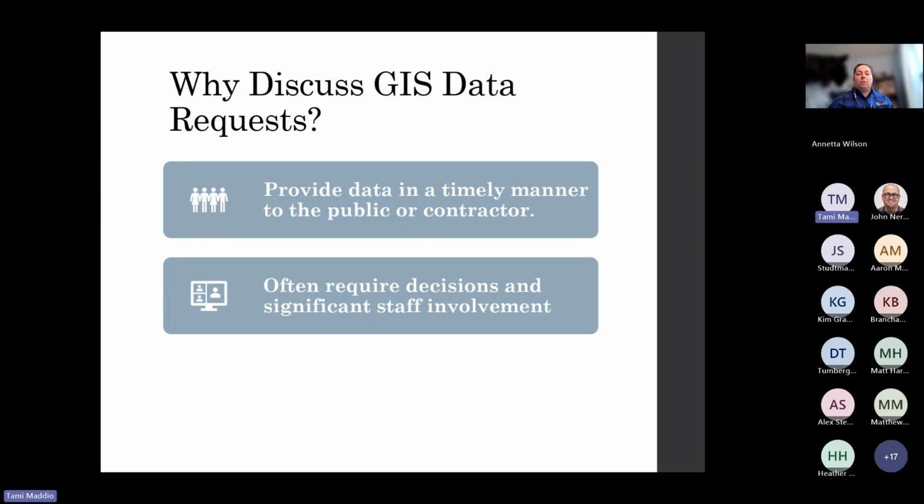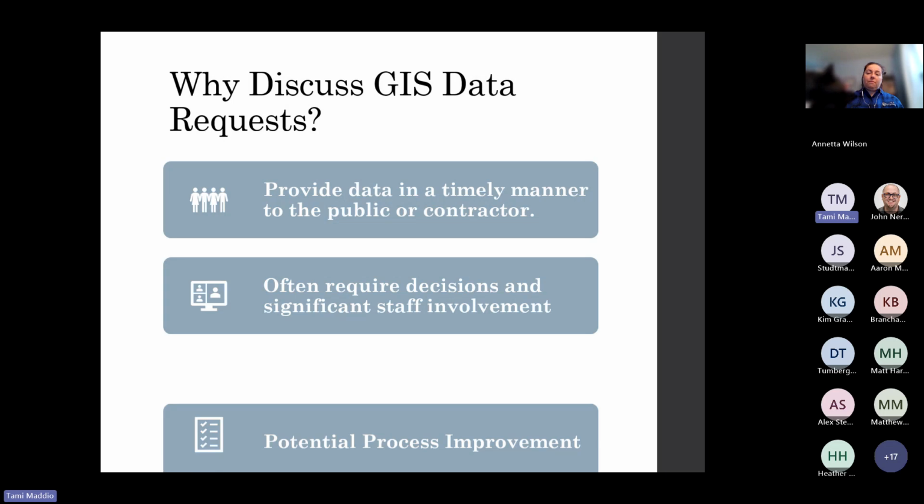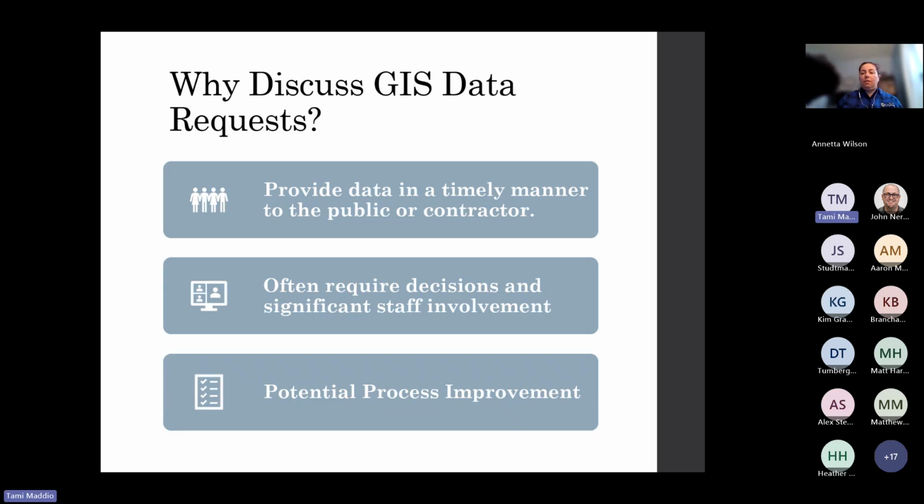What we found is it often requires decisions and a fair amount of staff involvement from different levels, from managers to everybody in between, to GIS people actually addressing the data requests. So there's a lot of staff time involved. And in my case, and probably others too, there seems to be some potential for process improvement, especially with some of the newer technology that we have.